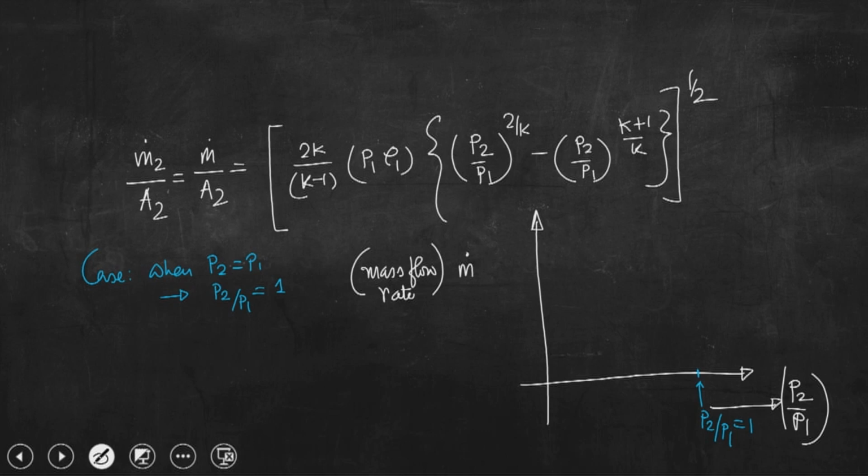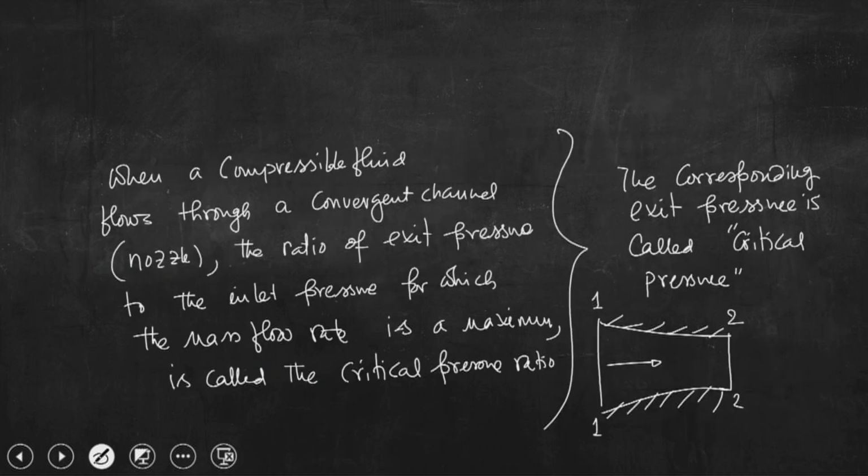Now, when P2 by P1, that is P2 equal to 0, this means P2 by P1 equal to 0. You have studied in fluid mechanics that there will not be any flow unless we have the driving pressure difference. So, if we look at this particular cross section, this is P2 and this is P1.